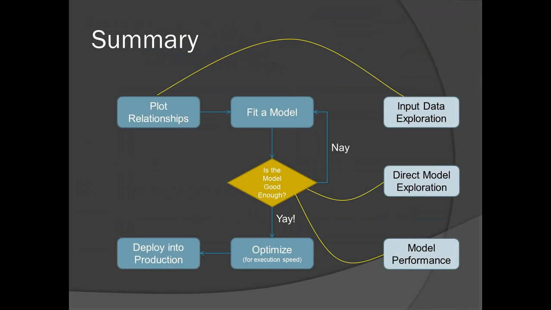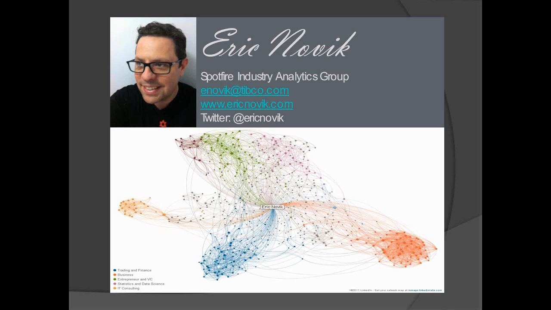If we're only interested in prediction, then perhaps things like ROC curves and other model performance measures are appropriate. And my claim is that we can be more productive if we do this in an iterative fashion, as I demonstrated to you today.